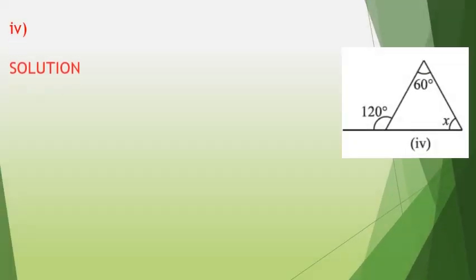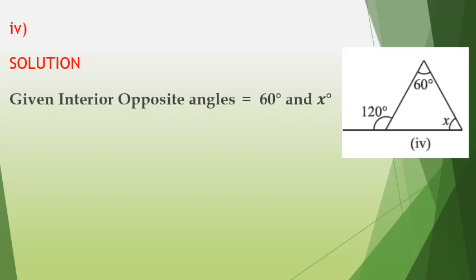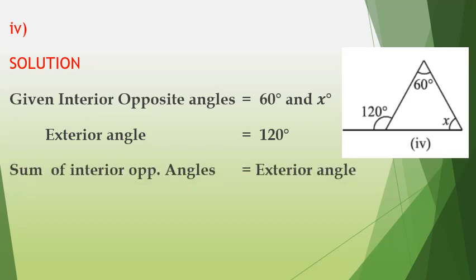Next question, question number 4. Given interior opposite angles are 60 degree and x degree. Exterior angle equal to 120 degree. Sum of interior opposite angles equal to exterior angle. Therefore, x plus 60 equal to 120, or x equal to 120 minus 60 equal to 60 degree.